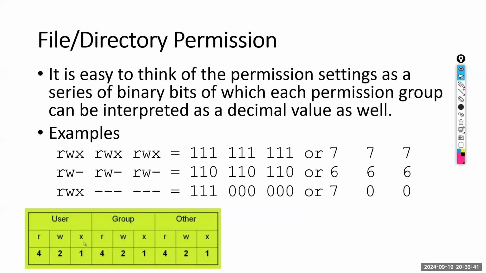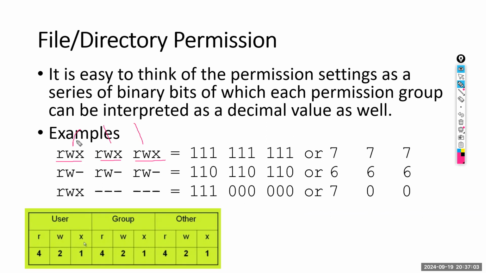Right, so this is how you give the permission. You may have seen this. There are three here, another three here, another three here. A dash, a hyphen, means that power is not there. So this is for the user, group, others.